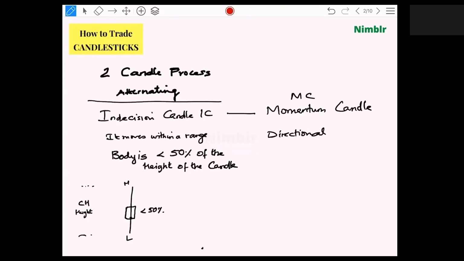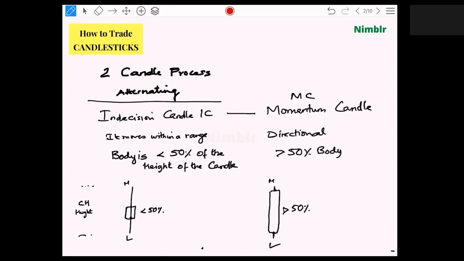The body is greater than 50% of the height. If this is the open and this is the close, then this is the body, and it may have some small wicks here. So this is greater than 50% of the candle height. Same thing here, this is the high and this is the low. This is the main difference between the two.